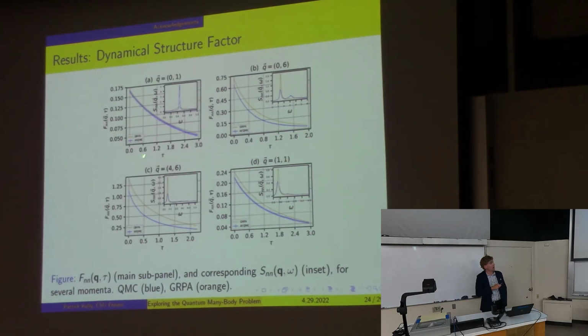These main panels are the intermediate scattering functions I was talking about, which we can get exactly. And I should also say that another problem with Monte Carlo is that to get the dynamical structure factors, you have to do an inverse Laplace transform. That severely affects the accuracy as well, which is, again, why these intermediate scattering functions are the natural quantities for objective comparison between GRPA and QMC.